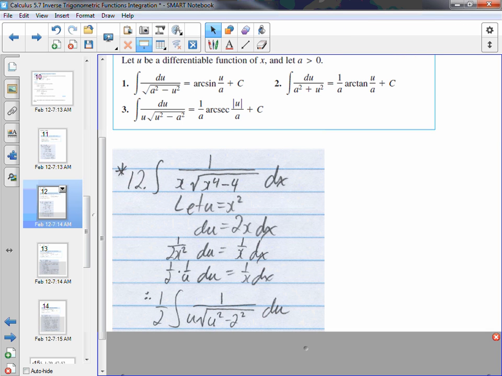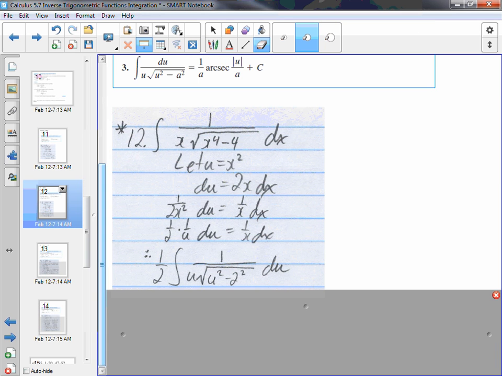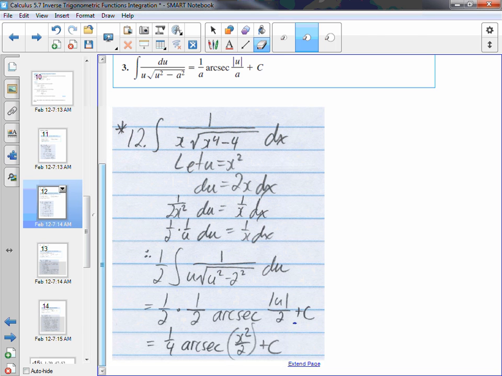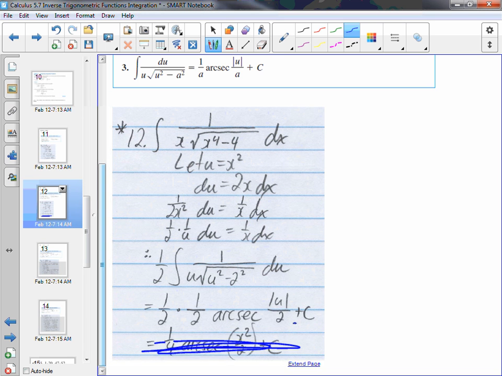So now, it sure looks like it fits the arcsecant formula. All right, the book would have the du up here instead of here, but we have the arcsecant formula. Okay, so keep the 1/2 in front. Then we get 1 over a.